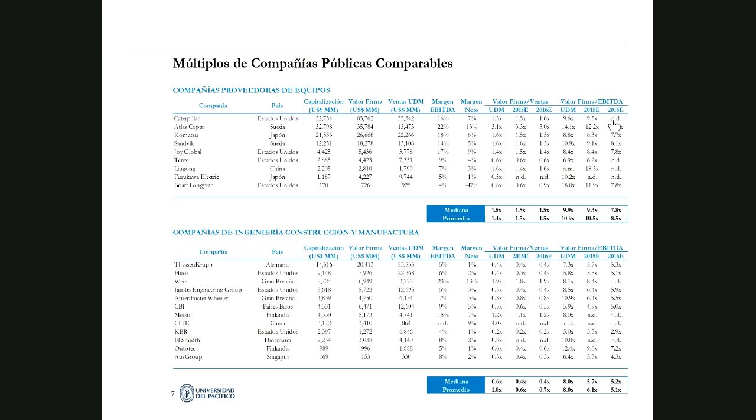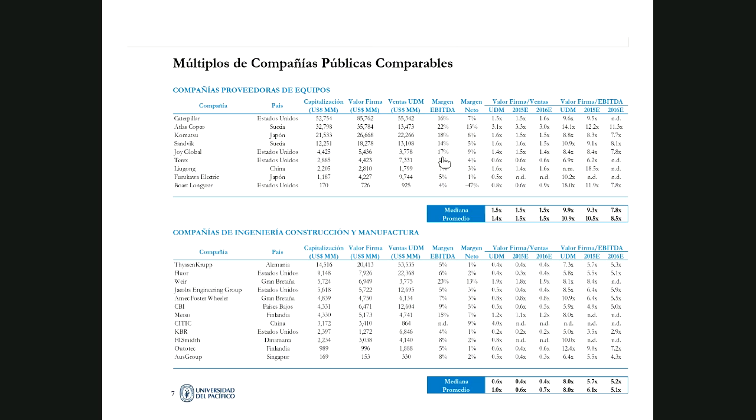Just to look at this example, we have this range of companies, the location, so worldwide or first world countries, US, Sweden, Japan, China. And then you see, for example, these companies are able to do EBITDA margins of, well, some of them are 4, 5, 7%, and some of them go as high as 22%. So maybe you need to see which one is more comparable to your own company in terms of size, in terms of market cap, and in terms of the margins that they are generating.